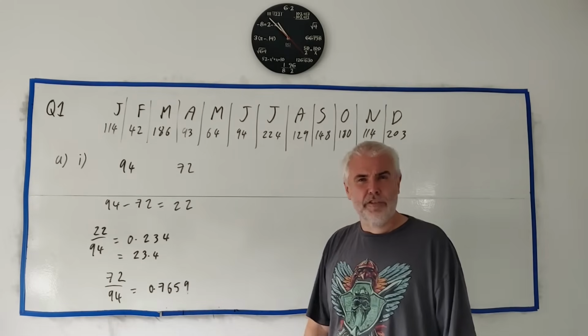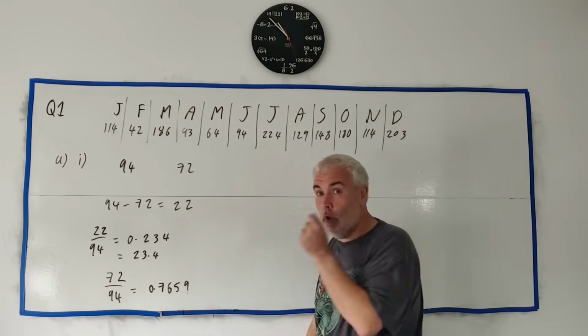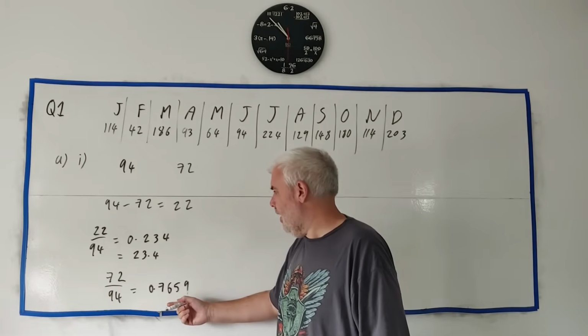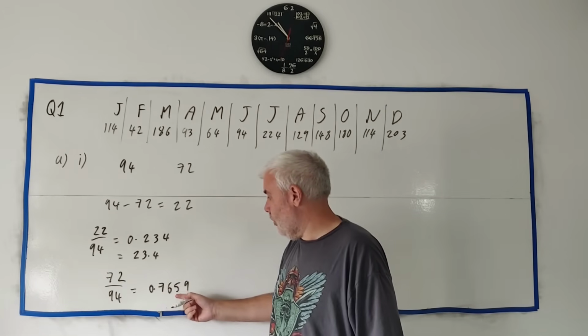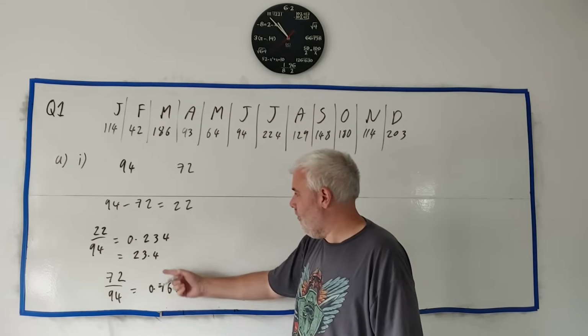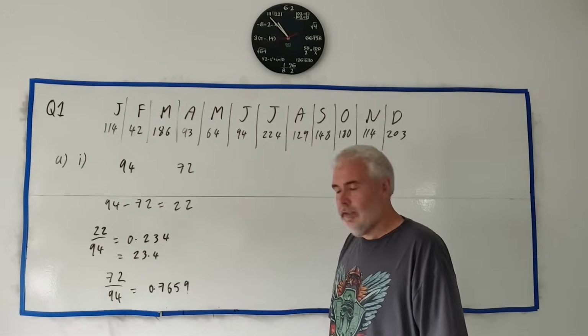So how is this useful? Well, if we look, this plus this is 1. And what this is telling us, if I change it to percentage, is that the rainfall the second year was 76.59%. So how much did it fall from 100? It fell 23. So this is 23.4 away from 100.